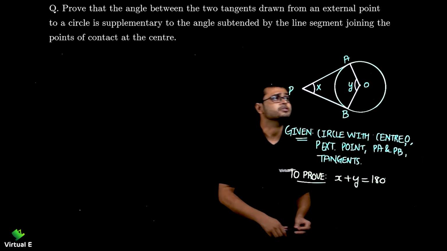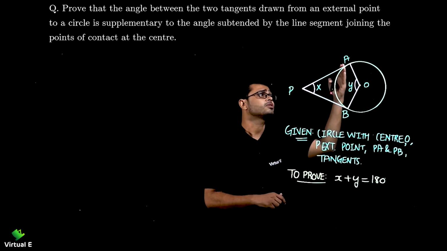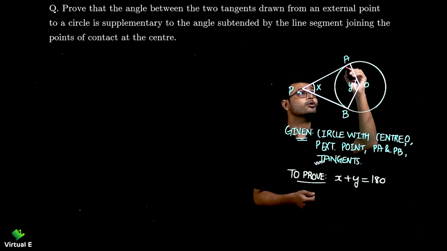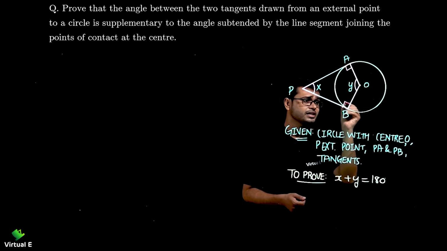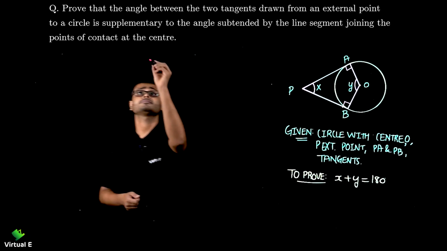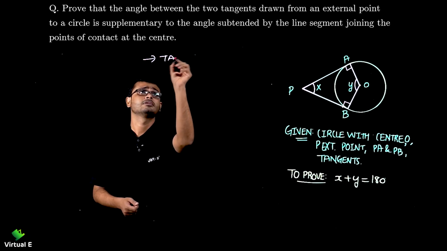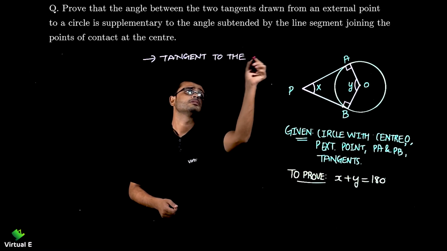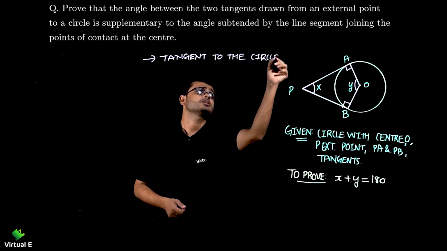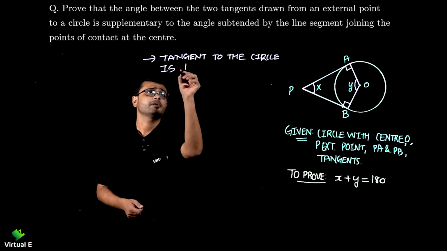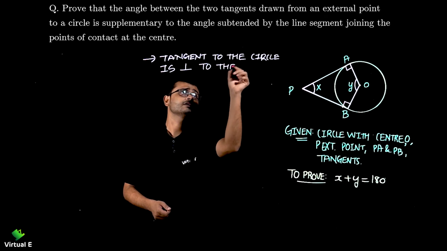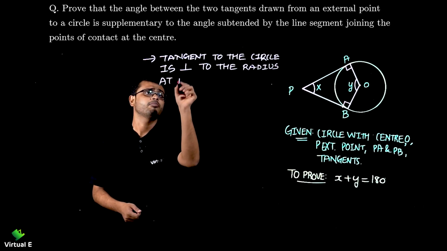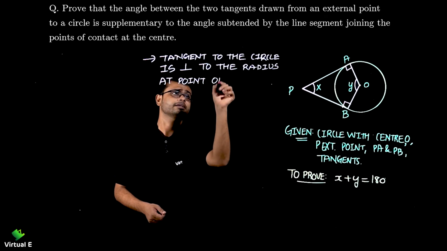First of all, the tangent and the line joining the center to the point of contact will be perpendicular. This angle will be 90 degrees, and this angle will be 90 degrees. What's the reason behind that? Tangent to the circle is perpendicular to the radius at the point of contact.